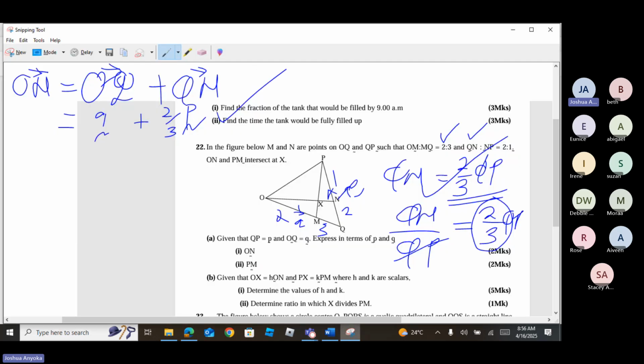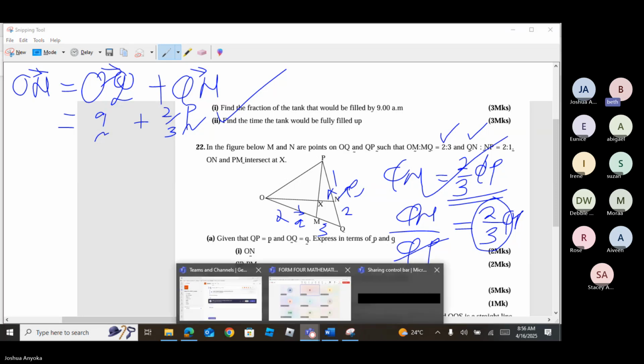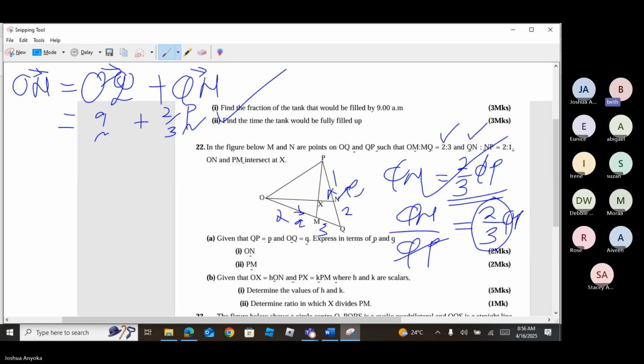So vector ON, try to do a navigation that makes your work easier. So you have the 2 marks. Vector PM. Here for Q and vector OP. Vector OP is equal to P. Ilikuwa vector. Wait. My reading imesoma kama Q. Let's agree what we do.